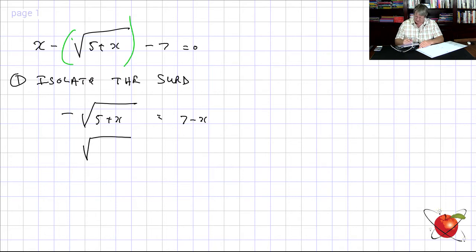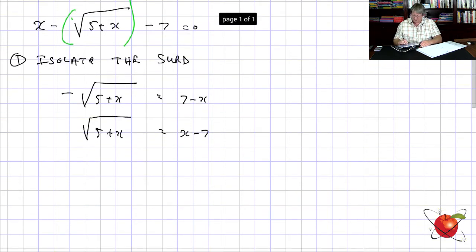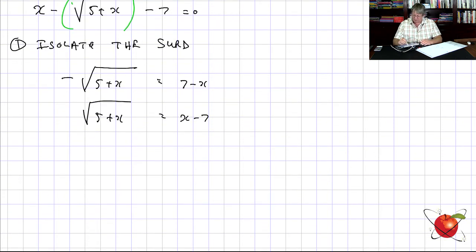Multiply by the minus sign: root of 5 plus x is equal to x minus 7. Now we've got the surd on its own. That's our surd, all on its own, and everything else is on the right-hand side.